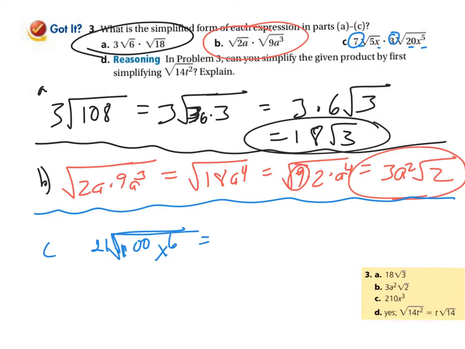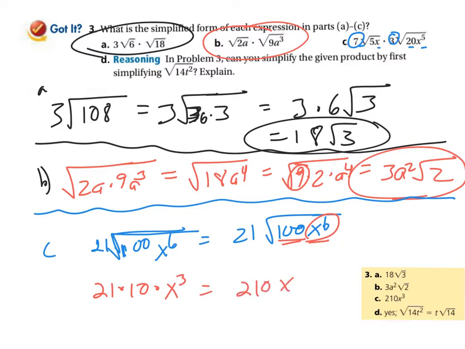Let me rewrite this so it looks nicer. 21 square roots of 100 x to the 6th. Now the thing is, everything underneath is a perfect square. So this will come out, so 21 times square root of 100 is 10, times square root of x to the 6th is x to the 3rd. And completing that, 210 x to the 3rd is simplest form.